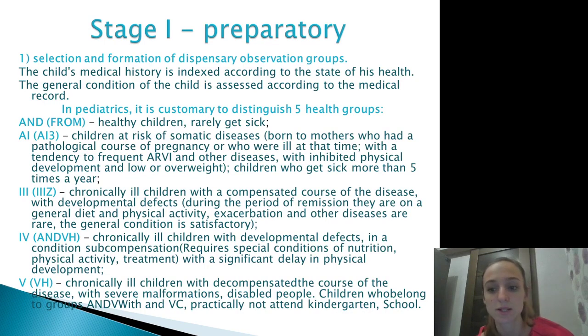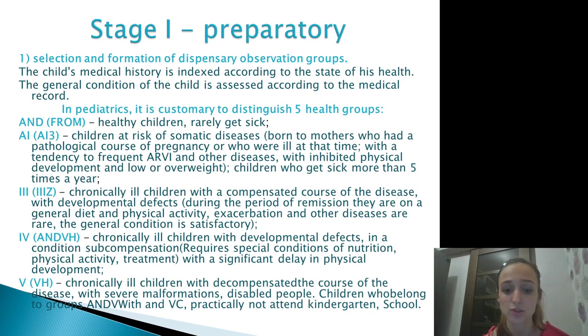Children who get sick more than 5 times a year. And next group, it is chronically ill children with compensated course of the disease, with developmental defects. For example, during the period of remission, they are on a general diet or physical activity. Exacerbation and other diseases are rare. The general condition is satisfactory.